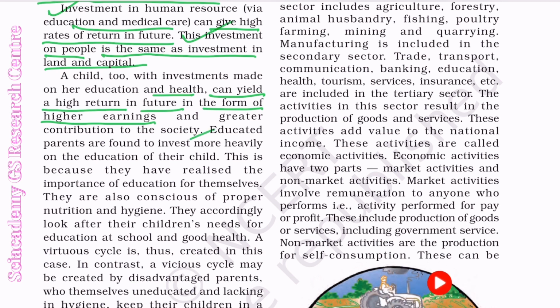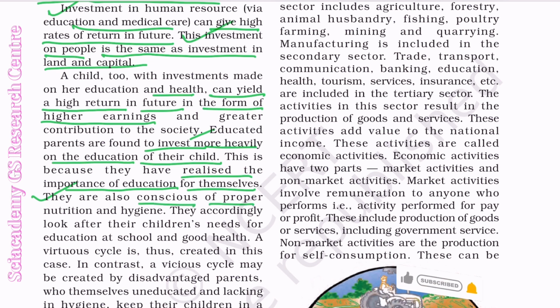Educated parents are found to invest more heavily on the education of their child. This is because they have realized the importance of education for themselves. They are also conscious of proper nutrition and hygiene. They accordingly look after their children's needs for education at school and good health.